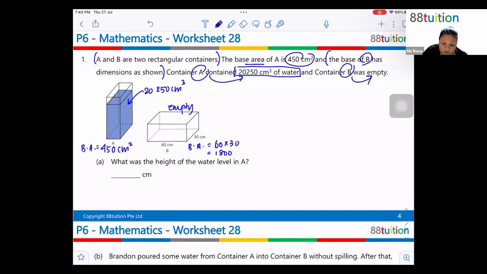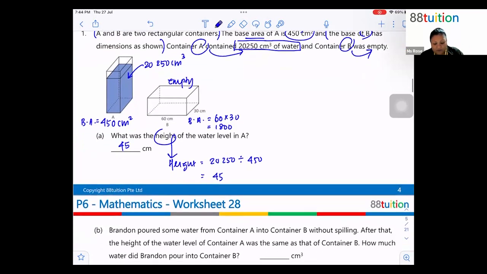Now, what was the height of the water level in A? So you want to find the height of the water level in A. To find the height, you take volume divided by the base area to give me 45. Volume divided by the base area will give you the height, which is 45.